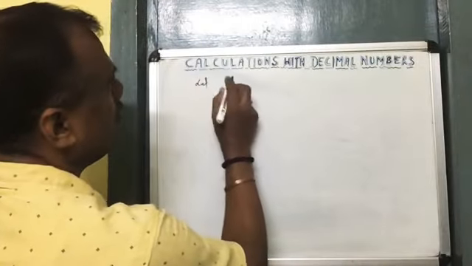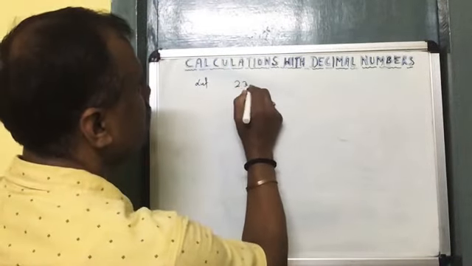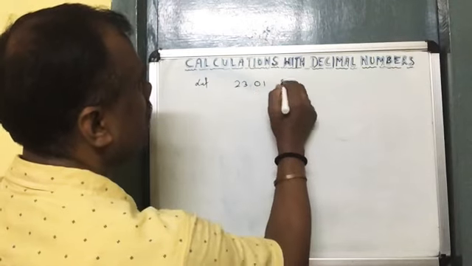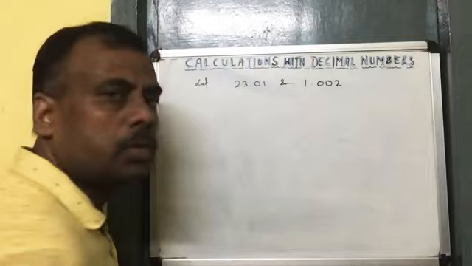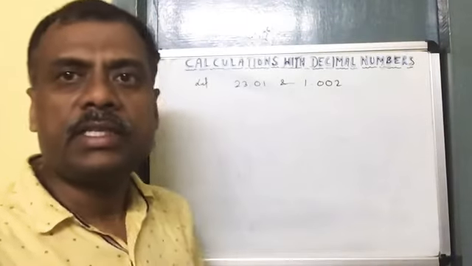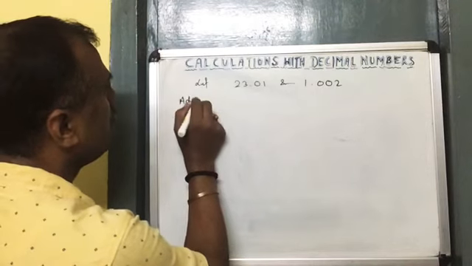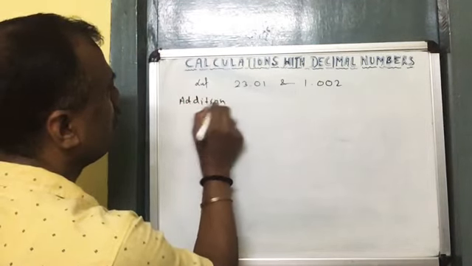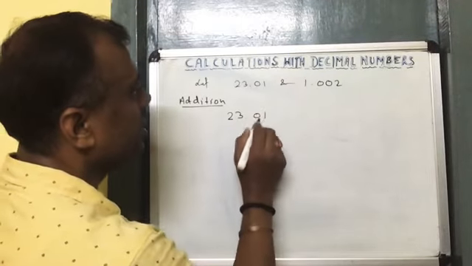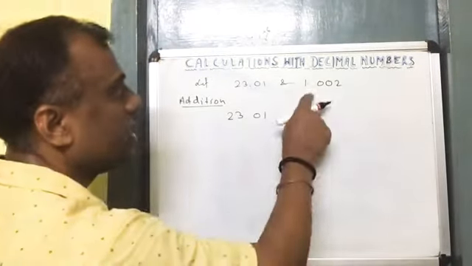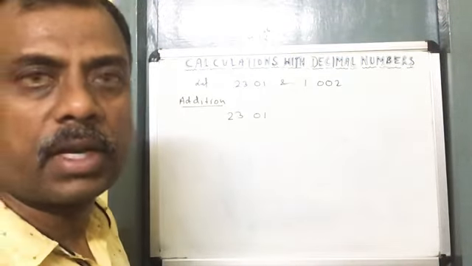Let us take two numbers, 23.01 and 1.002, and to add these numbers, what do we do? For addition, the same rule. First write any number and again write another number, but the decimal must be below the decimal.